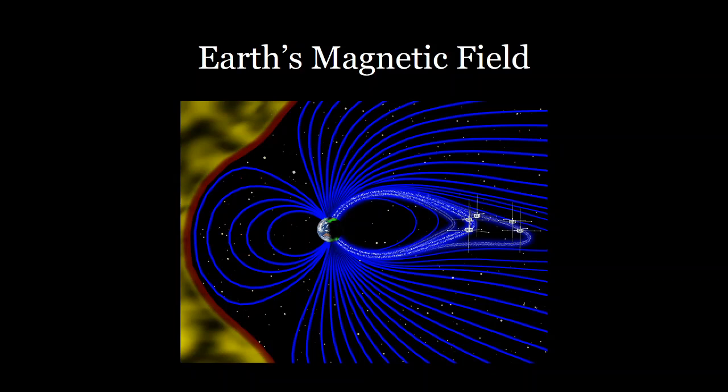Next, because of that movement of liquid around the Earth's inner core, and because that outer core is made mainly of iron that's magnetic, you have the Earth producing a magnetic field.